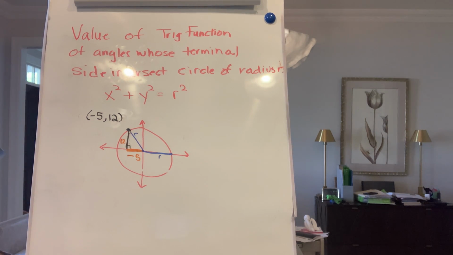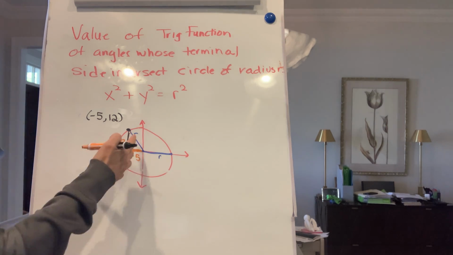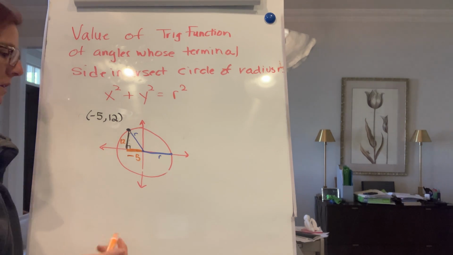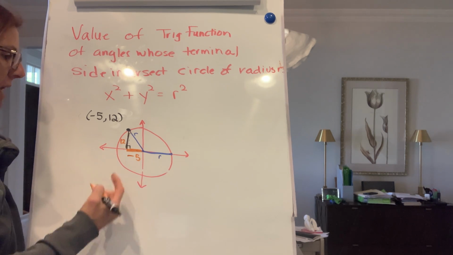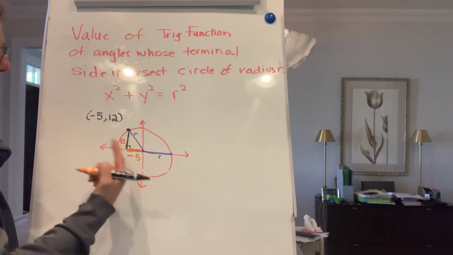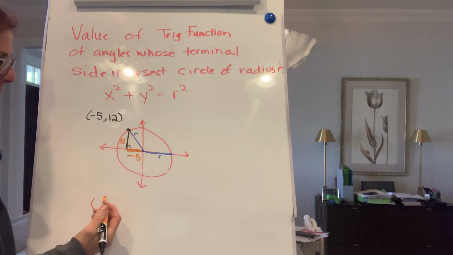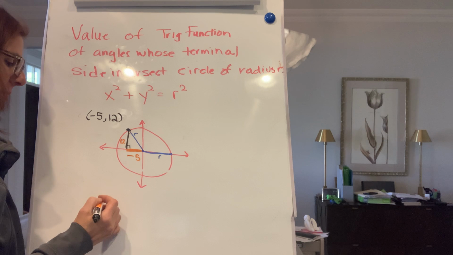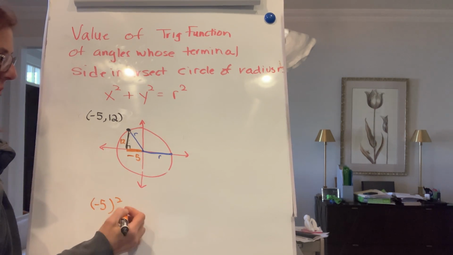I didn't leave room for examples on your guided notes, so I would go to a separate page or flip over to the back if you can to help you copy down some examples. So using the Pythagorean theorem, I can find out what r is. The length of this line is 5, the distance from here to here is 5. It's -5 because we're going left, but it's not going to matter either way because we're going to square it.